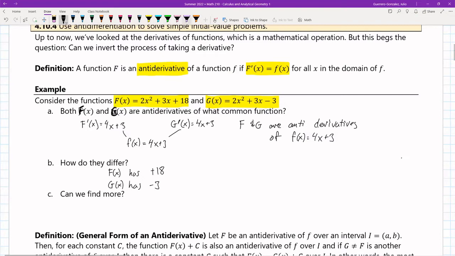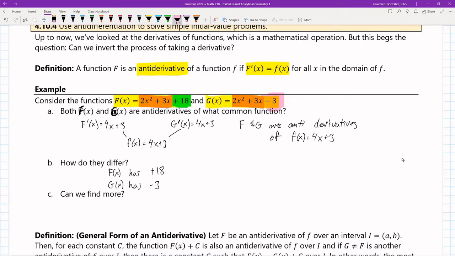They both have the same front portion, 2x squared plus 3x for both of them. In the first one it's a plus 18, and in the other one it's a minus 3. There's your difference.